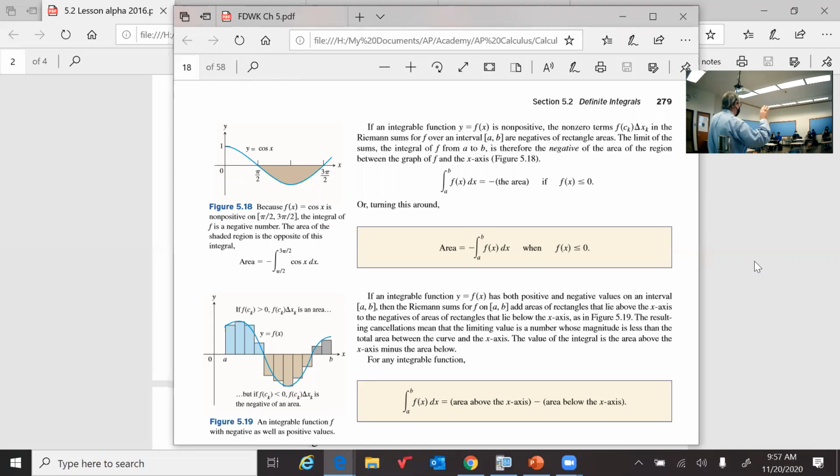If the area is above the x-axis, it's positive. So think about this. Suppose you have the sine wave. The sine wave from 0 to 2 pi, the area would be 0, because this is positive and that's negative, and they would add to 0.